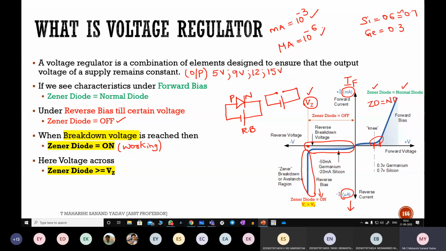Which one is more, 10 power minus 3 or 10 power minus 6? 10 power minus 3. This is more, this is less. Why? As reverse saturation current occurs under reverse bias characteristics, right? So this is due to minority carriers or majority? Minority. So therefore its current will be very low.